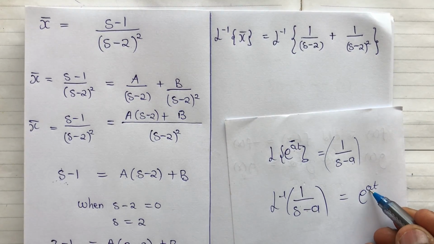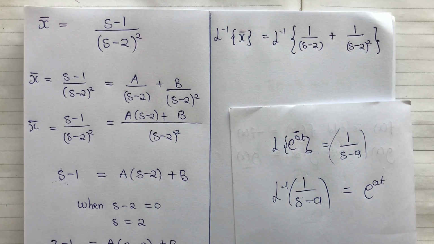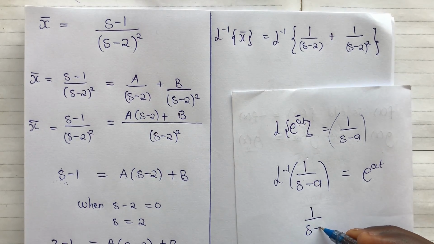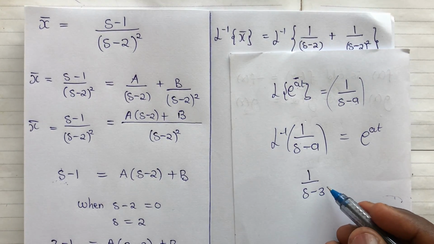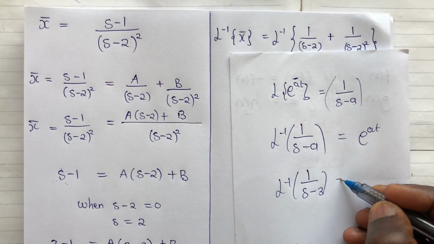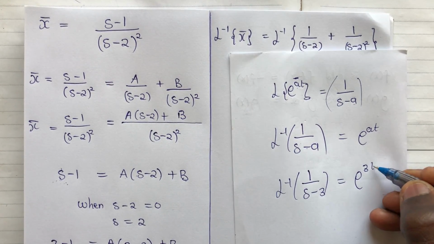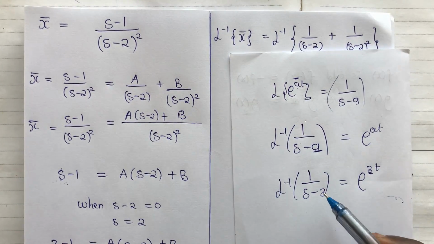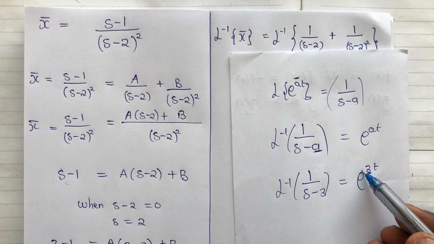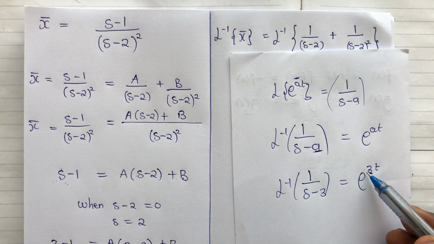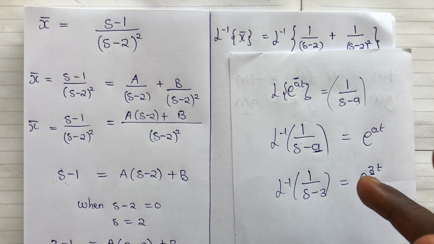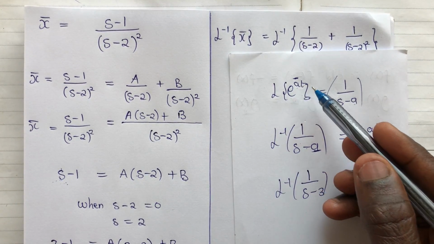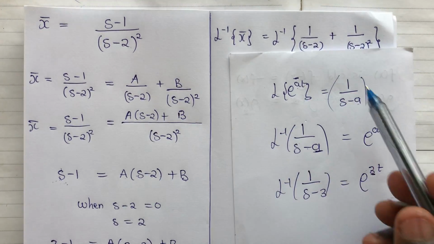If this side is negative, this side will be positive. Assuming I substitute a value here, giving me 1 over s minus 3, then the Laplace inverse of this is going to give me e to the power 3t, where this 3 is a scalar from this side. If this side is positive, this will change to negative, so it will give you e to the power negative 3t. I've done all these things in the same playlist. You can locate this video, Laplace transform of e to the power at. There is an example there that will help you to understand this concept.